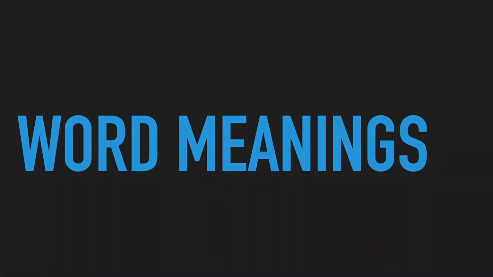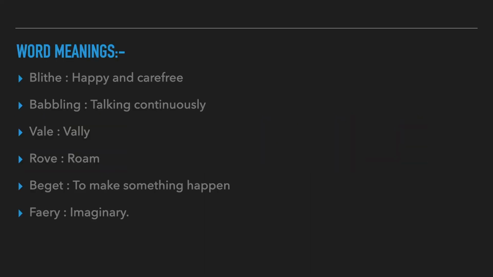We'll go through some difficult words which are there in the poem. Blithe: happy and carefree. He calls the cuckoo, "Oh, blithe newcomer." A bird which sits anywhere, which is happy and carefree. It moves around among the trees and the bushes and it sings merrily.